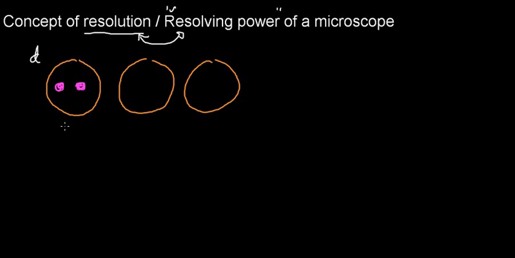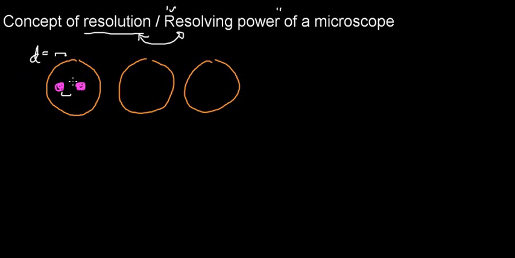If I see these two different points in the microscope like one big smudge, it's not good resolution. I need to be able to distinctly know that these are two different points. Now let's just say that my D, my resolution distance, is this distance. Or rather, I'm going to make it a little smaller, this distance right here.